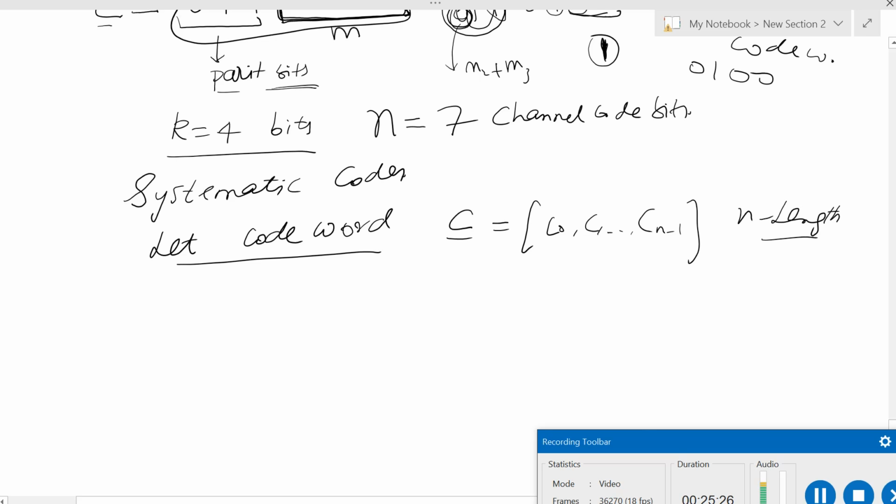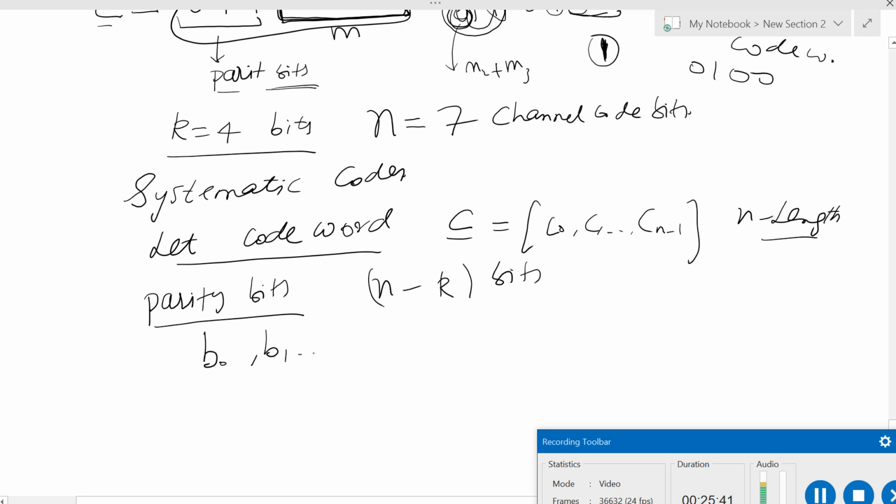Now part of the code is actually the parity bits. How many parity bits do we add? If you see, n minus k, right? So let them be represented by b0, b1, up to b of n minus k minus 1. I represent that by b vector.